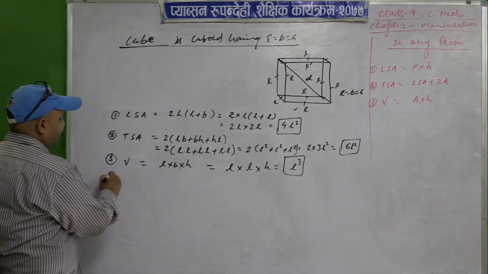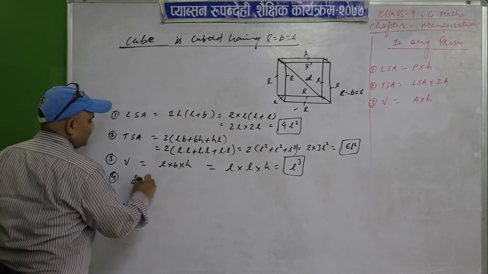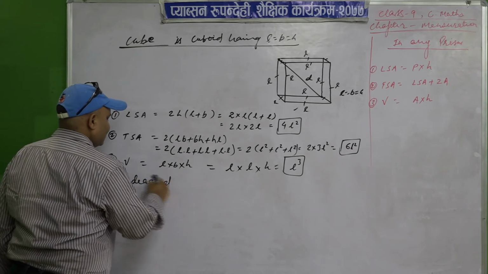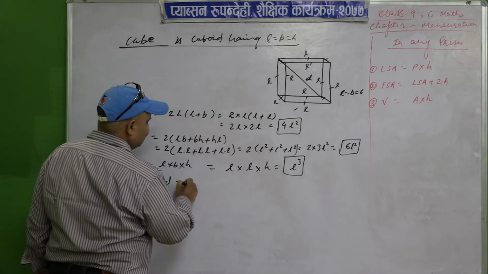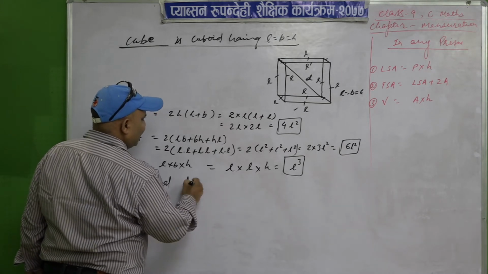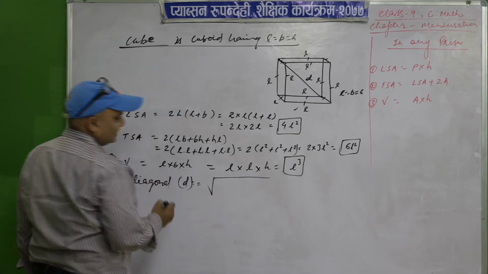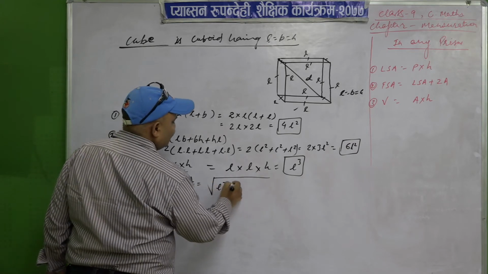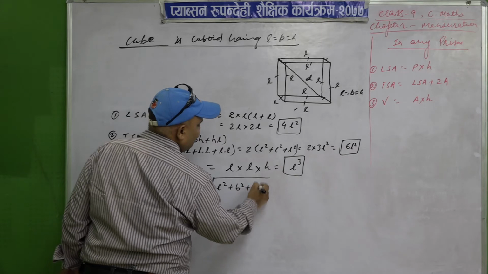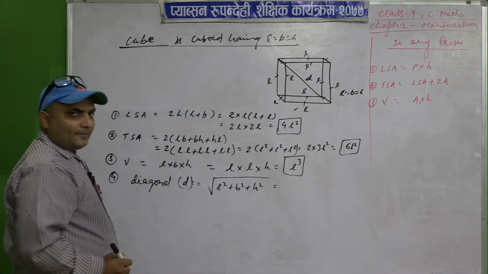Now fourth one is diagonal D. And what is the formula for diagonal of the rectangular prism or the cuboid? That is under root L square plus B square plus H square. Okay.